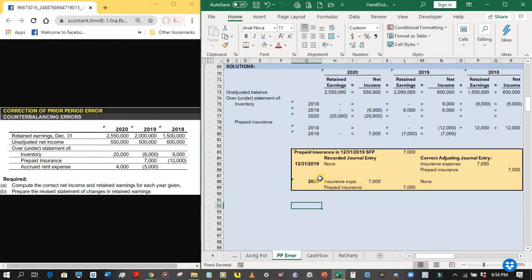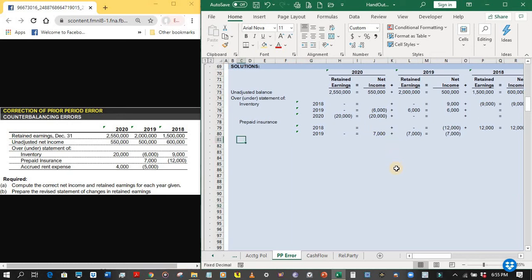So the insurance expense of 7,000 should have been recorded as an expense in 2019. However, the entity recorded the 7,000 pesos insurance as an expense in 2020. That is why the 2020 net income of 550,000 pesos is understated by 7,000 pesos. And in order to correct the understatement, we need to add 7,000 pesos.